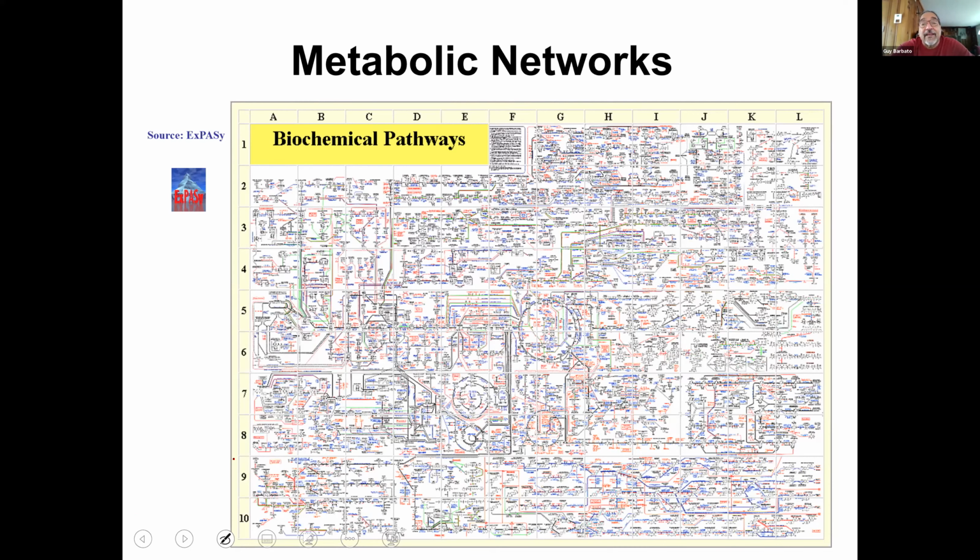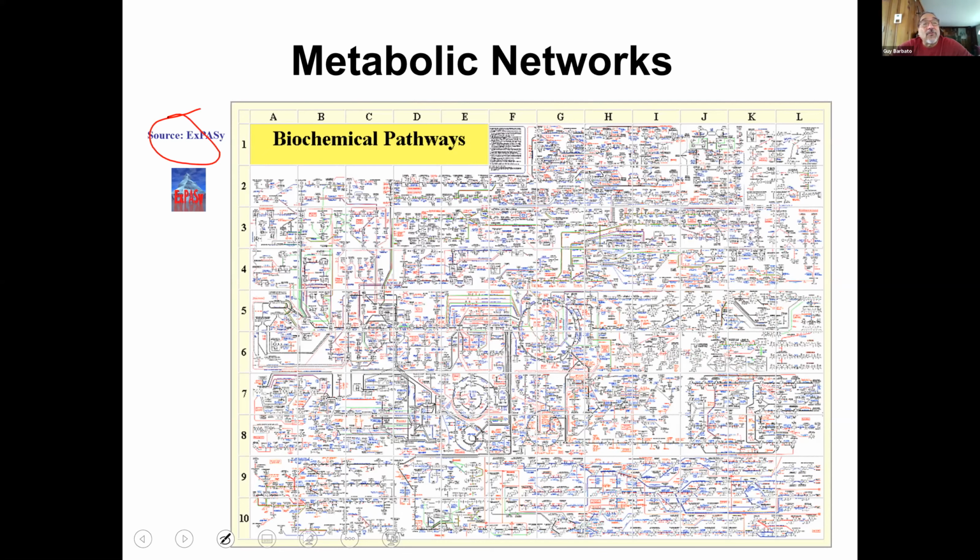You could see right away, guess what's dead in the middle? The most important cycle we've already mentioned a couple times, the citric acid cycle, right there in the middle, the Krebs cycle, hugely important. And we can look at all of the interactions among and between all the different molecules in the networks. And actually, this comes from a great website. It's called Expasy.